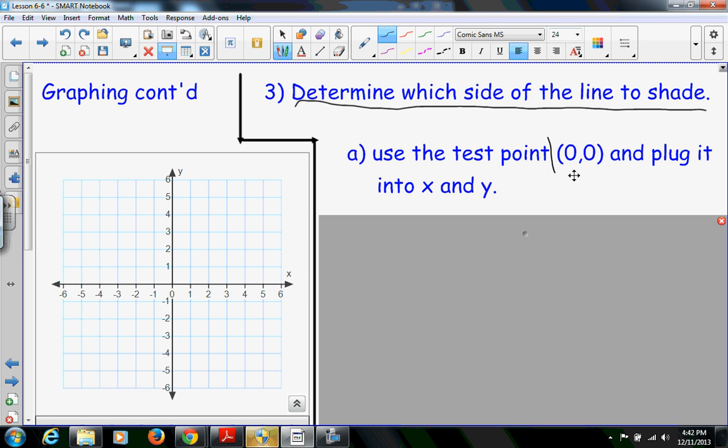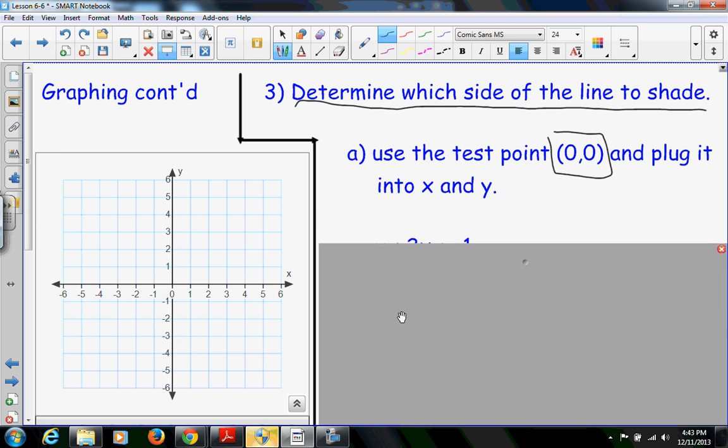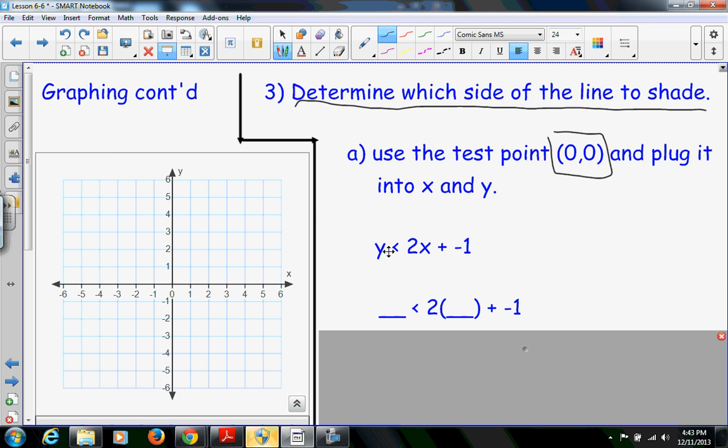We use a test point, and typically we use (0, 0), and we plug it in for x and y. If this was the inequality that I'm going to use, let me go through the steps for graphing this. First, remember it says determine if the line is solid or dashed. I have a dashed line here.